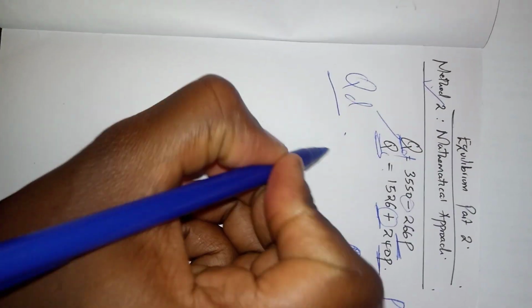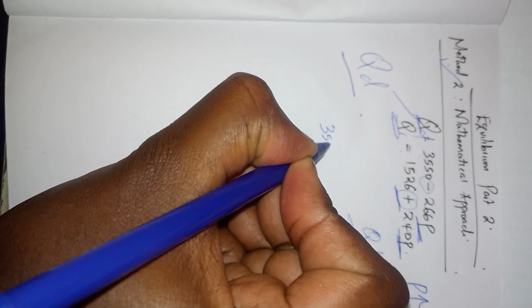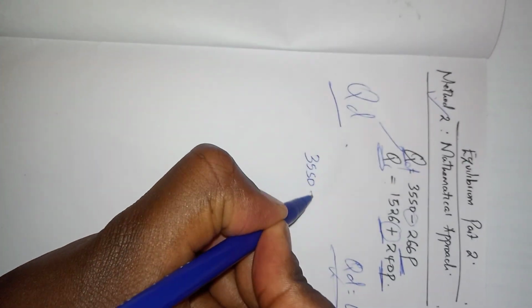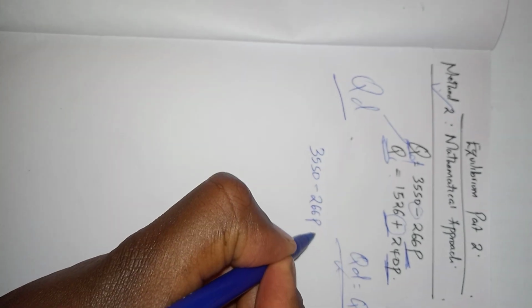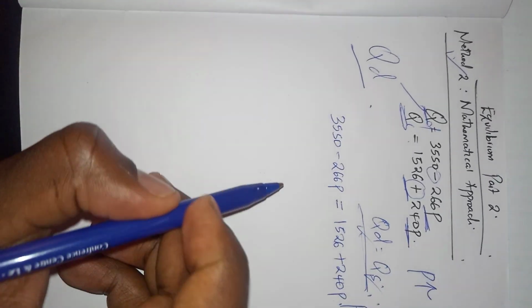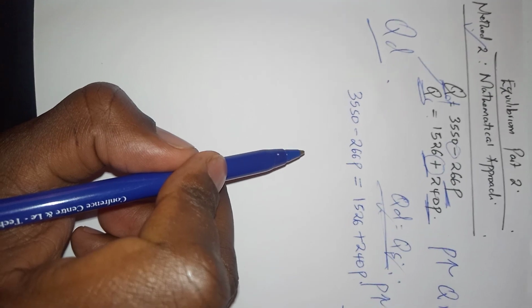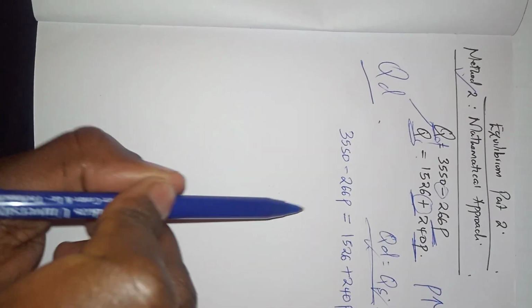So we equate, we say that 550 minus 266P should be equal to 1526 plus 240P. So we make P the subject.